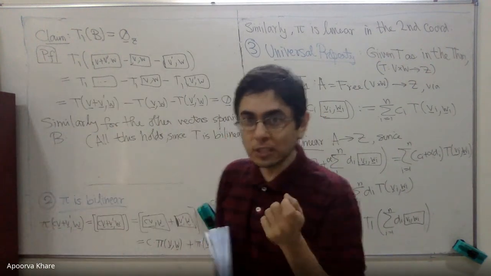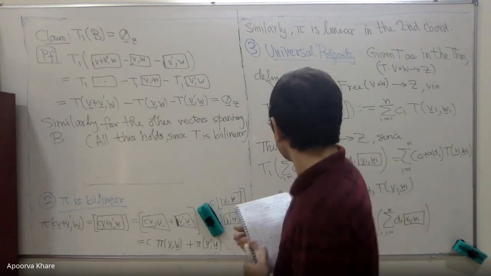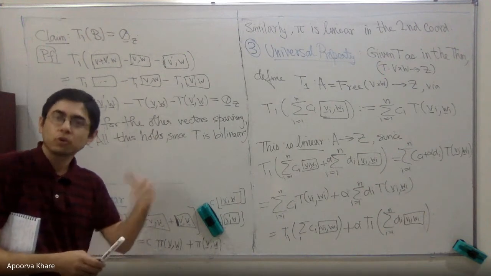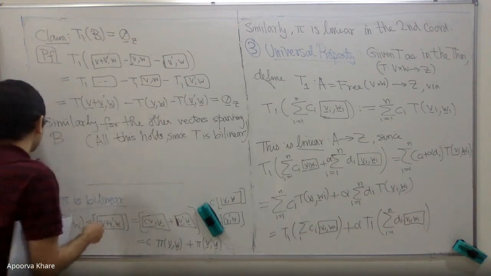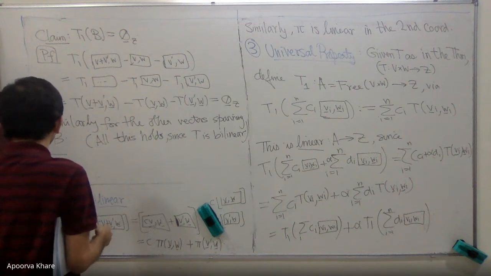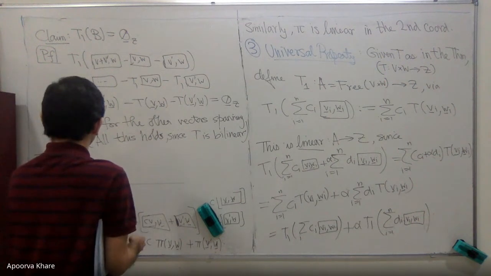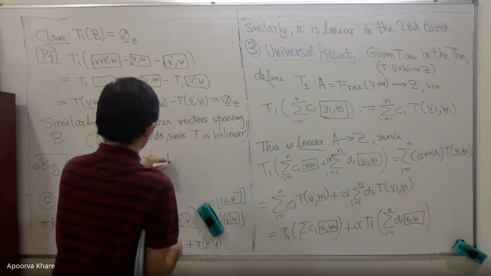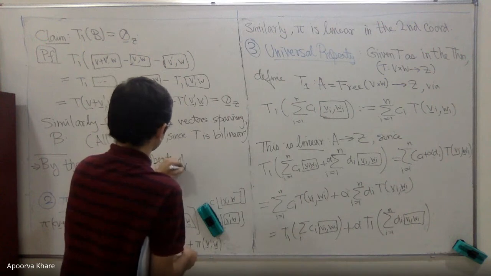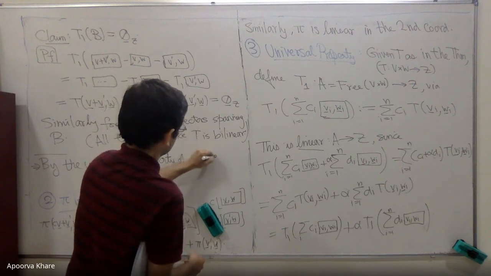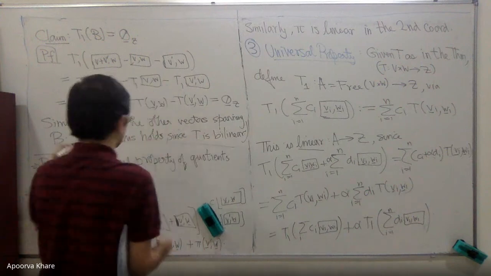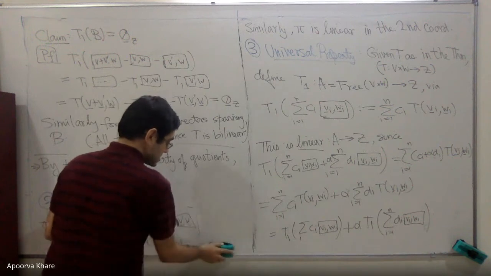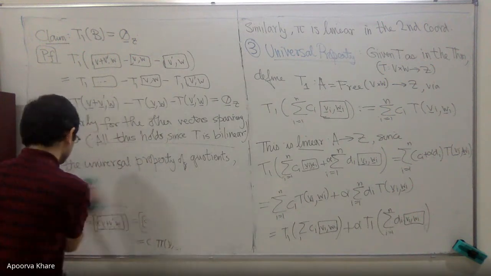The universal property of the quotient module is: whenever you have a linear map from A to Z taking B to 0, it factors through a linear map from A over B, A quotiented by B, to Z. So by the universal property of quotient spaces, there exists a unique linear map, and that uniqueness is exactly what we want.